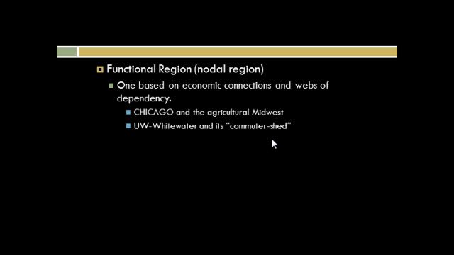It's not based on internal homogeneity, but instead on these kind of invisible economic connections. In this case, like Chicago was a node for the agricultural Midwest, UW-Whitewater is the node that basically brings together all these individuals into a coherent, functional region.